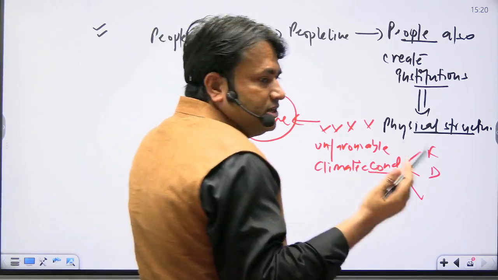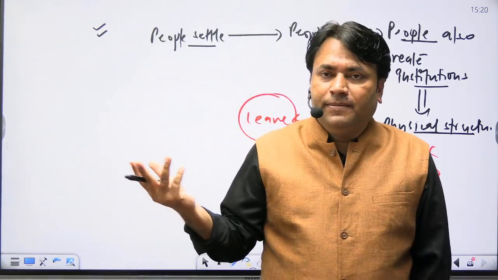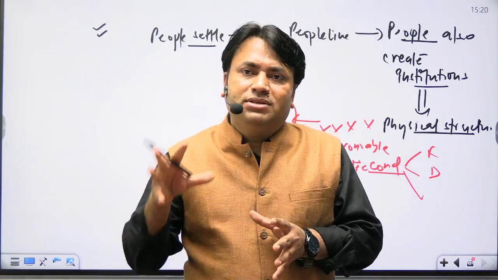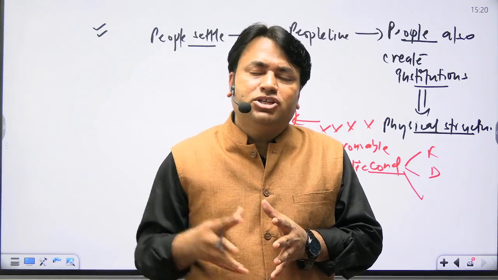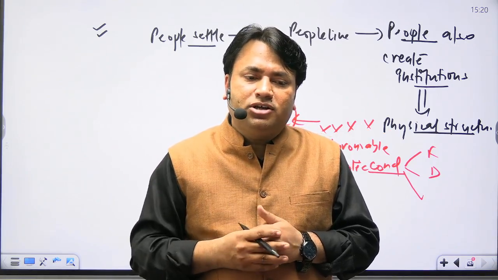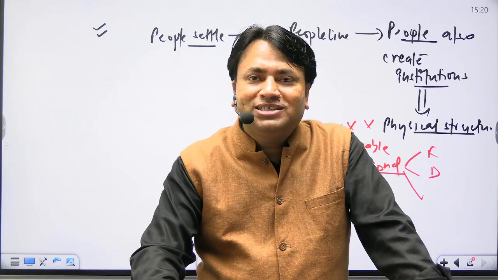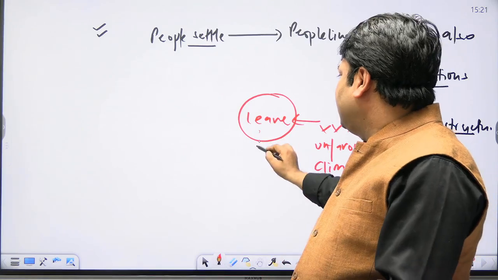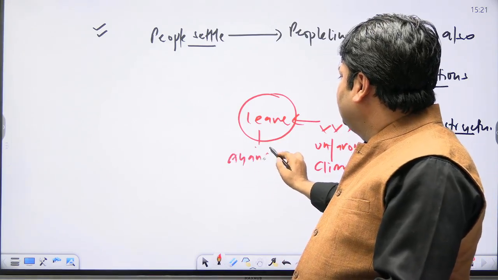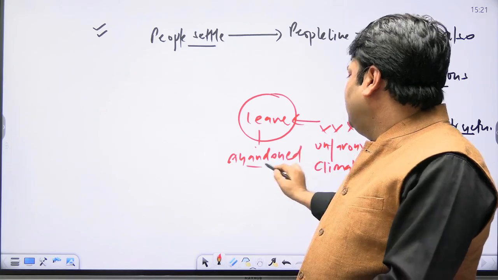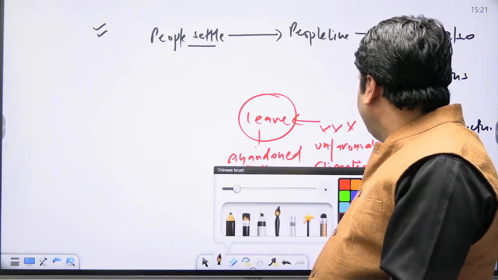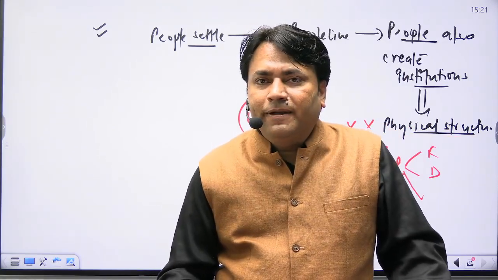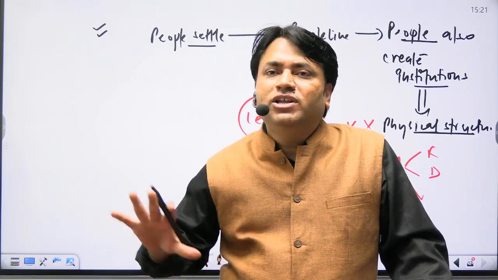So this place is again deserted. Previously it was a no man's land. People came, settled, people created institutions, people built physical infrastructure, and then the place gets abandoned. Now again it's no man's land. But this might be a possibility that after 10 years, 20 years, 30 years, this process will repeat again.